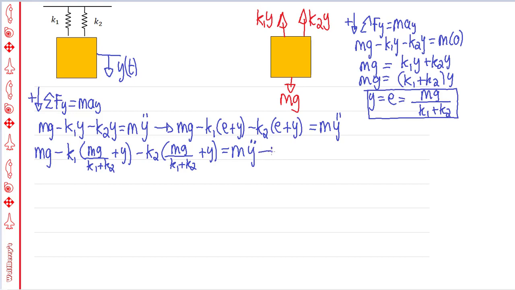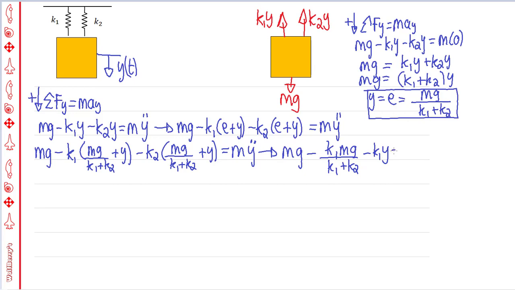Now let's go ahead and expand these brackets. So we're going to have mg minus the first one, k1 mg all divided by k1 plus k2, minus k1y.